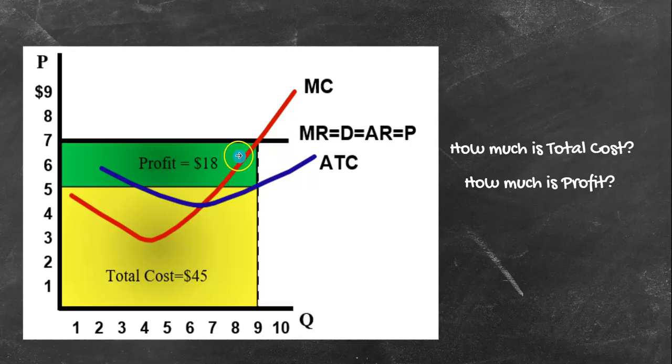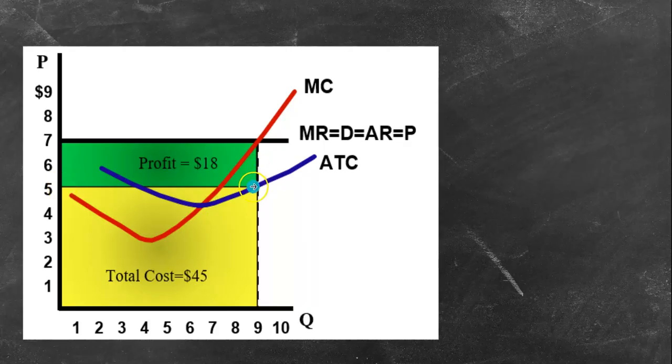Another way to calculate profit would be to visualize it just as we've done here. And so remember, this area here is our total cost. Your total profit is the difference between your total revenue and your total cost.